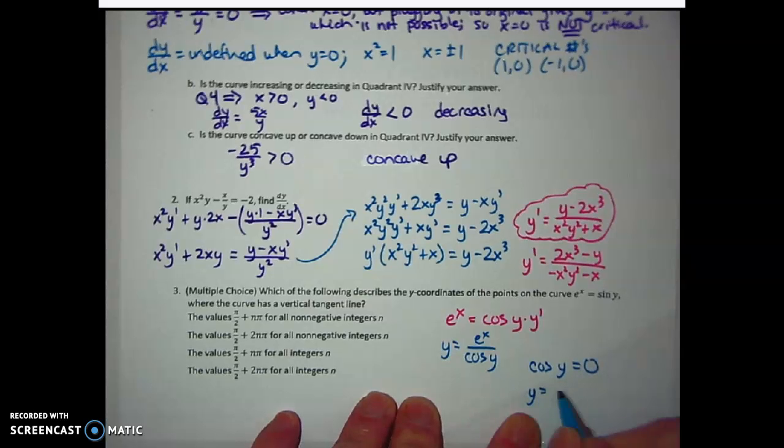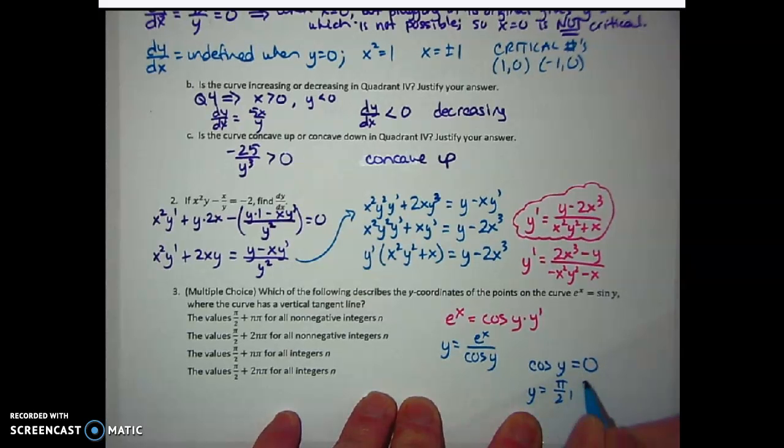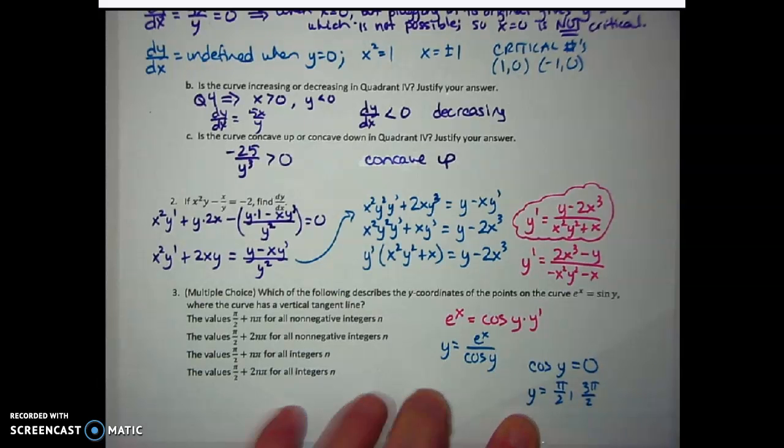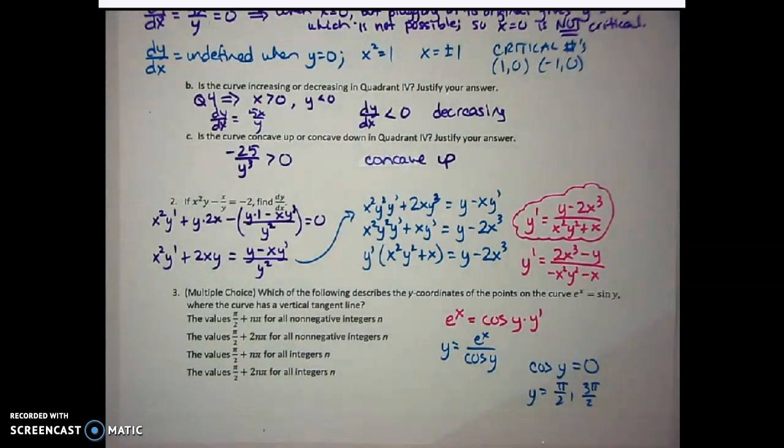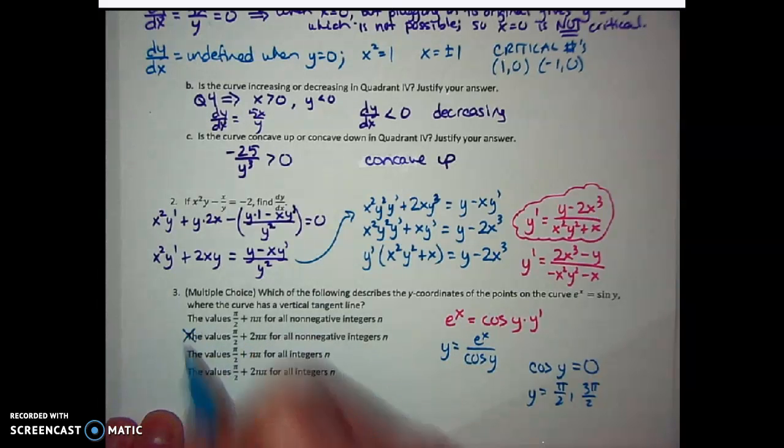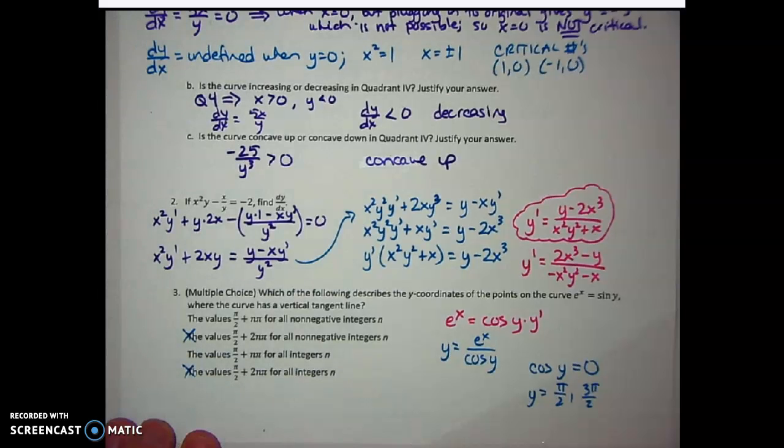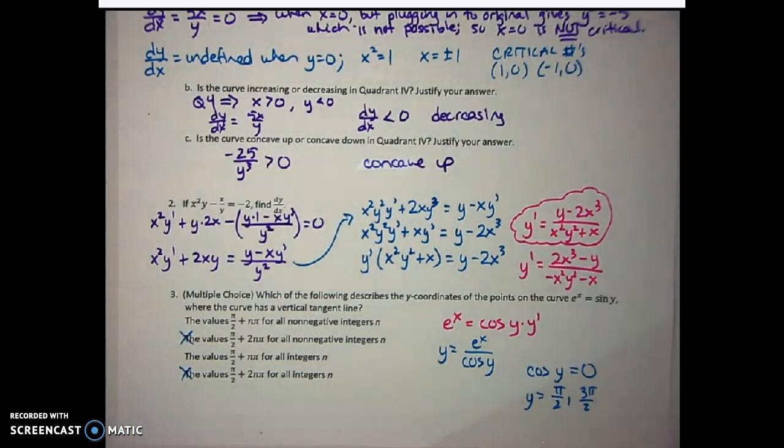The cosine is equal to 0 at pi over 2, 3 pi over 2, right? Every odd pi over 2. So if we look at these, we have a pi over 2, but pi over 2 plus 2 pi n would take us all the way around the circle. Since it's not giving us an option of 3 pi over 2 with either of those, we're going to disregard that.